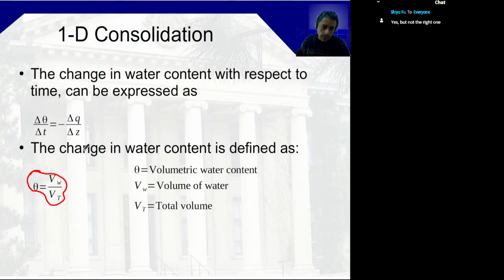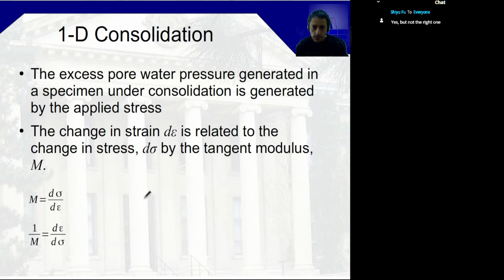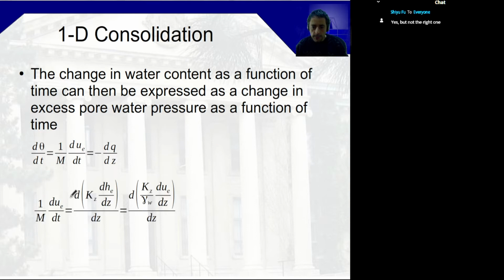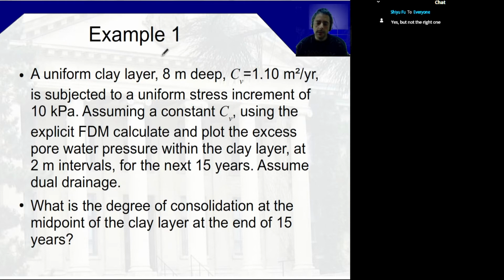Initially we don't have dissipation of pore pressure because we're not allowing volume change. But later on, because of that strain, which is linked to the increase in stress, we allow strain, and so pore pressure will dissipate. Okay. We'll take a break and go into the example in 10 minutes, if you don't mind.